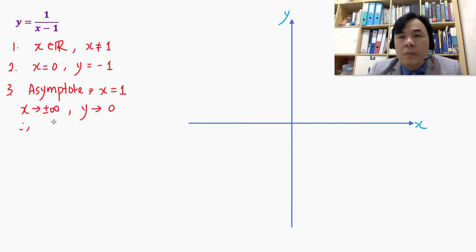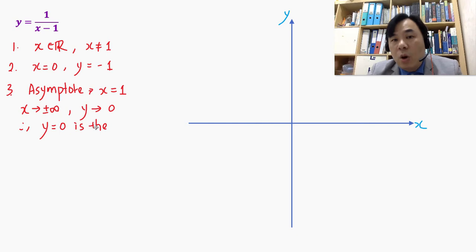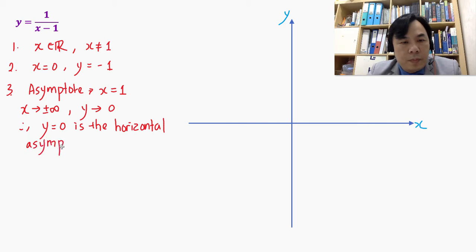Therefore, the vertical asymptote, okay, y equals 0, sorry, it's not vertical, it's the horizontal asymptote, right? Okay, it's one of the horizontal asymptotes. And then we are almost done.